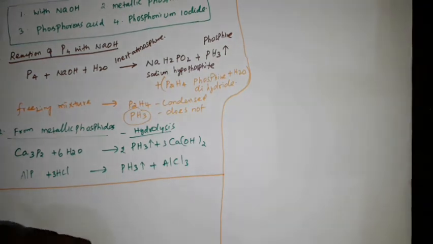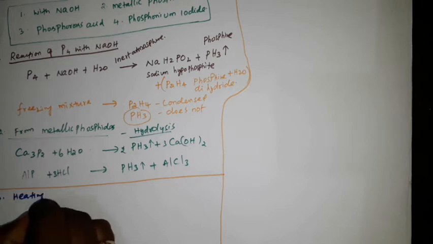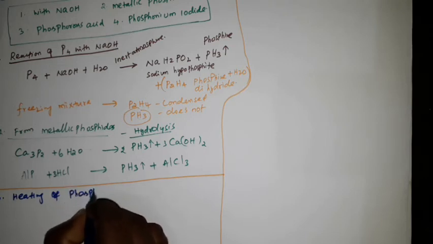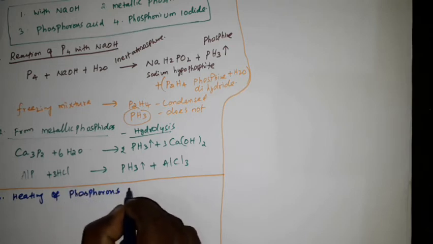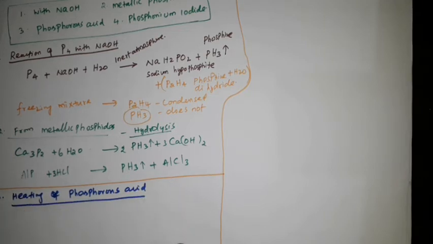The next method, method 3, is that phosphine is prepared from heating of phosphorus acid. Phosphorus acid is H3PO3. We are heating it.